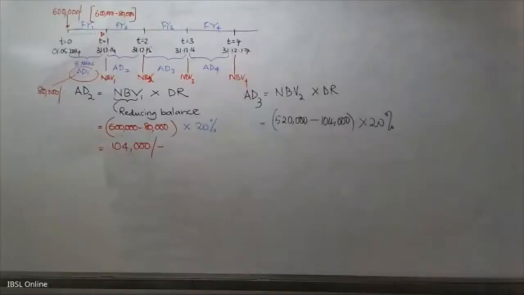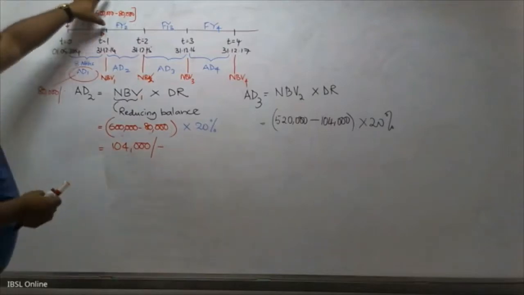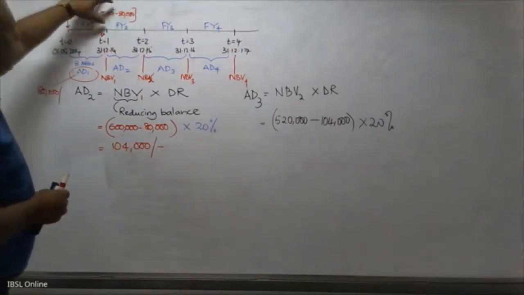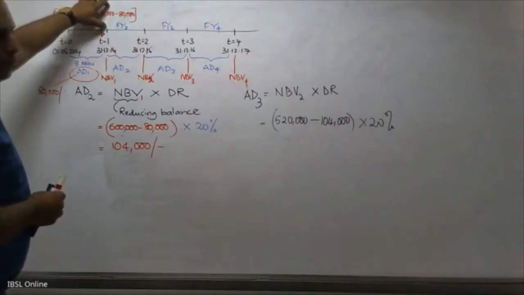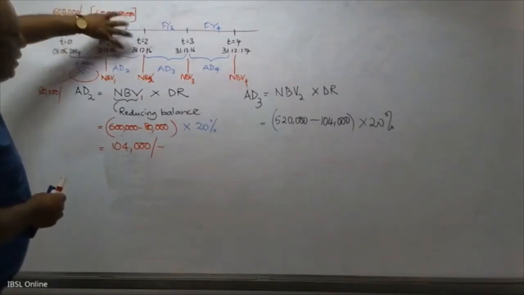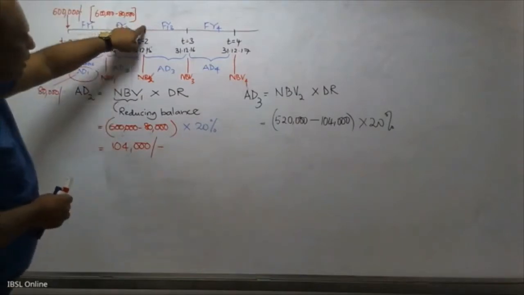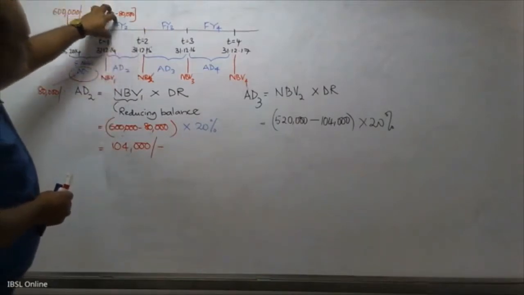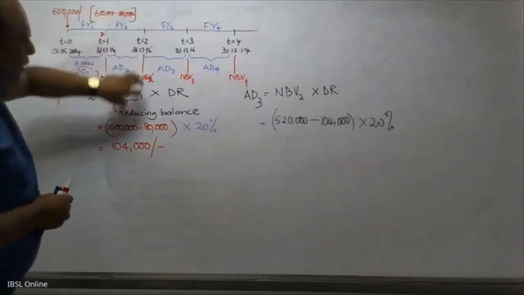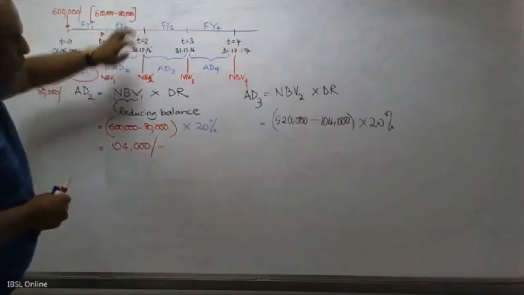So is it 520,000 minus 104,000? Yes. Because when I reach this point, my net book value is 520, right? What is AD2? AD2 is 104,000. So when I go to here again, from that 520,000, another 104,000 is to go out.